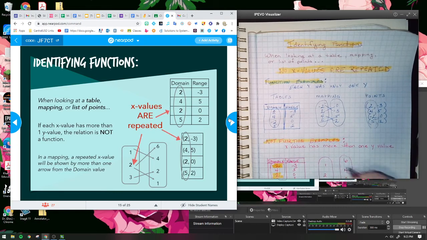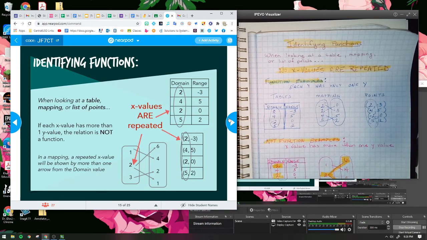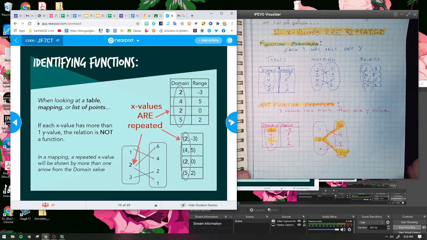So my 1 goes to the 4, my 2 goes to 6 and 1, and my 3 goes to 2. Take a look at what I've got: my 2 goes to the 6 and it goes to the 1. So that 2 has two outputs, and I know this is not a function.